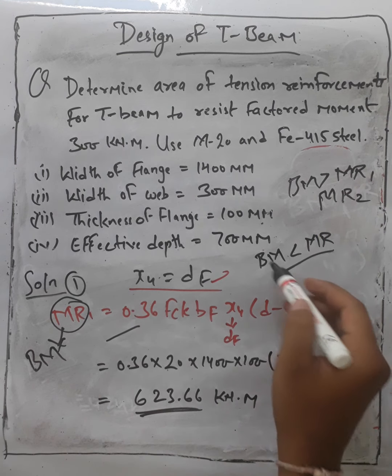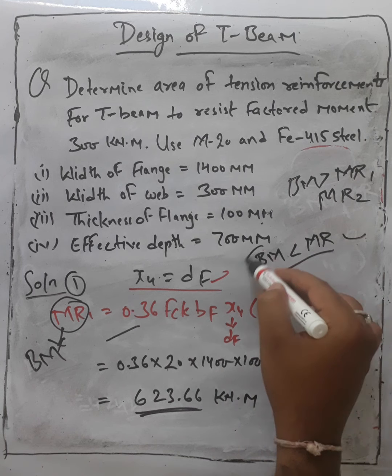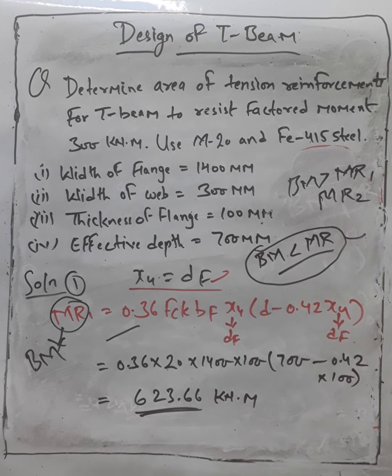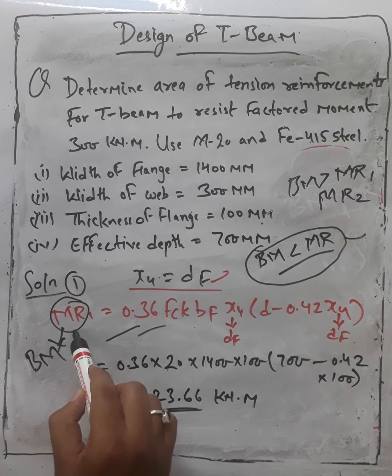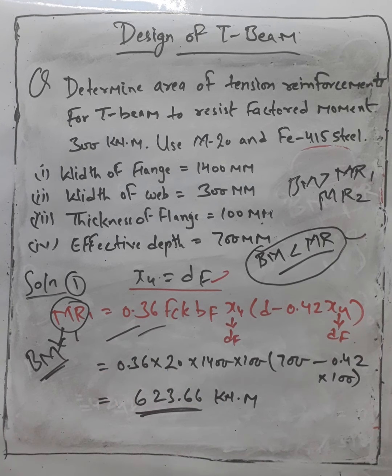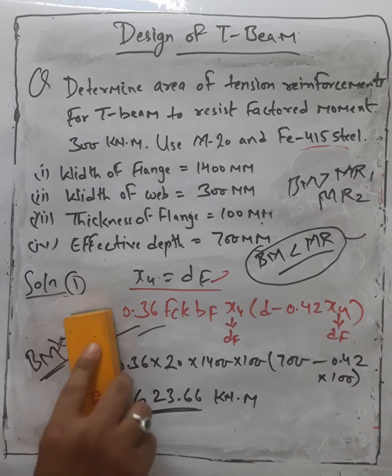But here we find MR and we get bending moment is less than MR. That's why here we use the same equation, but we change the bending moment value which is given in our problem. That value we have to take for finding the value of xu. So let's find the value of xu.